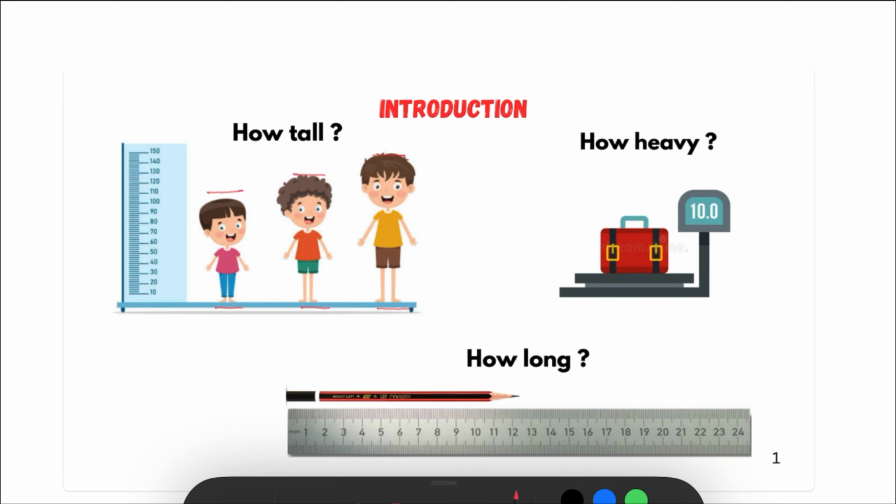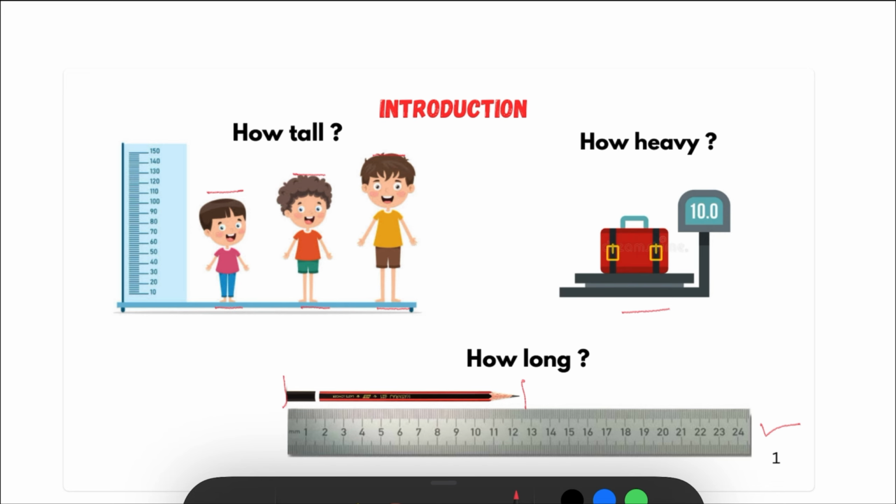If you want to know your weight and how heavy your school bag is, you have to measure. If you want to know the length of your pencil, you measure it using the ruler. So this is how you measure many things in your daily life.